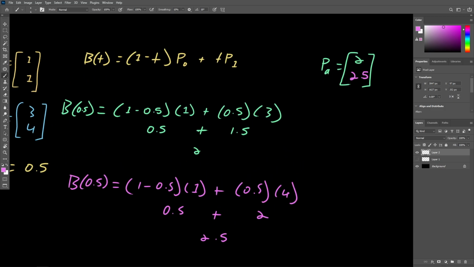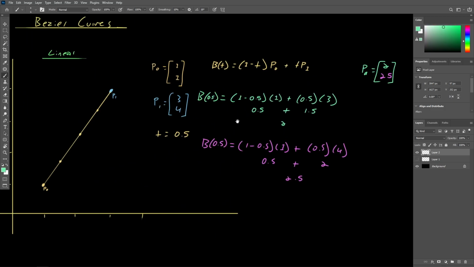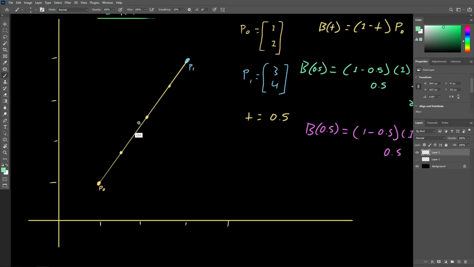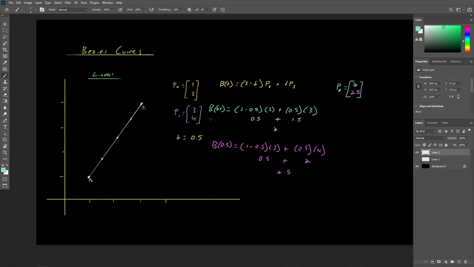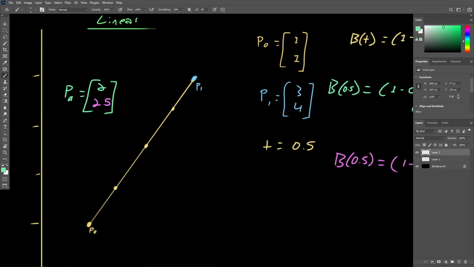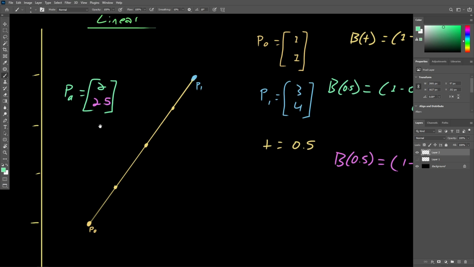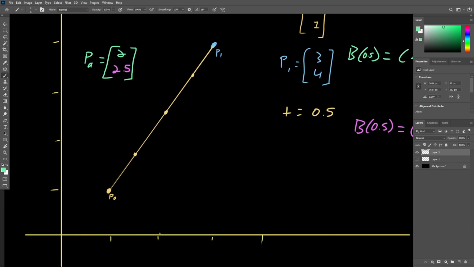Now, let's plot this real quickly. Let's plot point alpha, just to verify that we did this correctly and that our visual intuition for drawing the Bezier curve makes sense. Let's move this a little bit closer so we can see what we're doing. We have 2 on the x-axis and 2.5 on the y-axis.